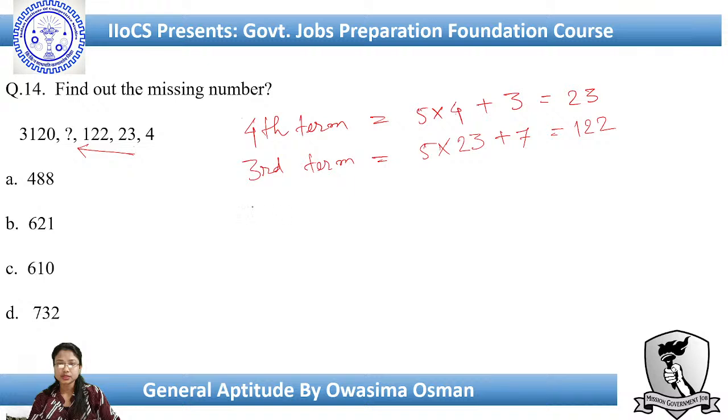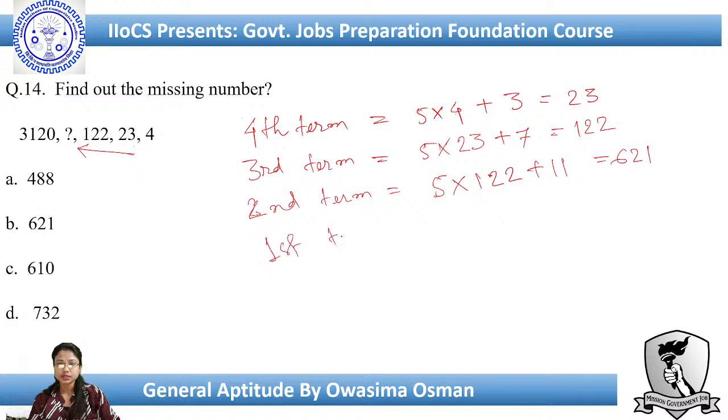And from the back side, the second term, if we follow this manner, where 5 is fixed for every case, is 5 into 122 plus 11, and it will be 621.